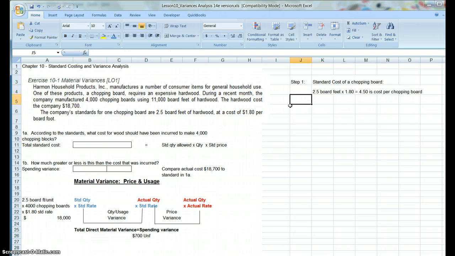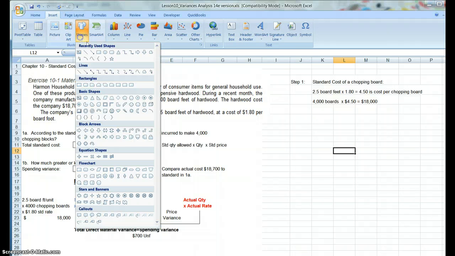The company manufactured 4,000 boards this particular month. So if we take those 4,000 boards times the expected cost of $4.50, it would come out to $18,000.